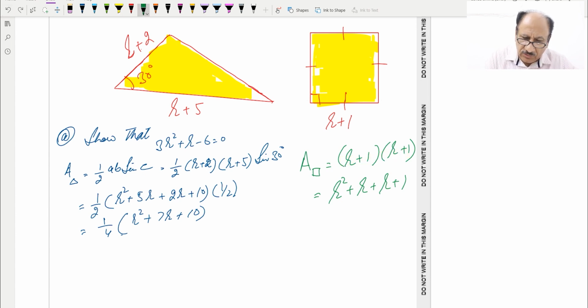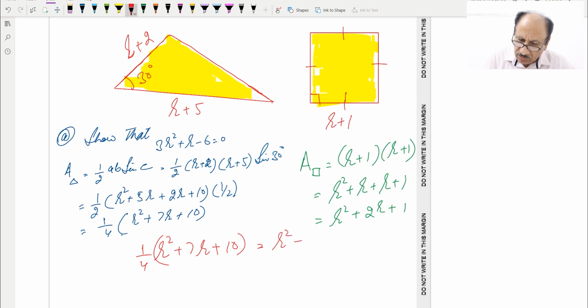Next we can rewrite it as r square plus 2r plus 1. So by the condition of the question, they are saying the two areas are equal, so we can write 1 by 4 r square plus 7r plus 10 is equal to r square plus 2r plus 1.